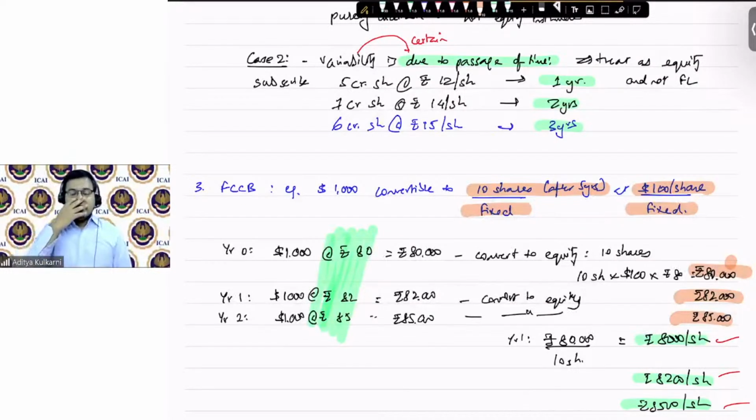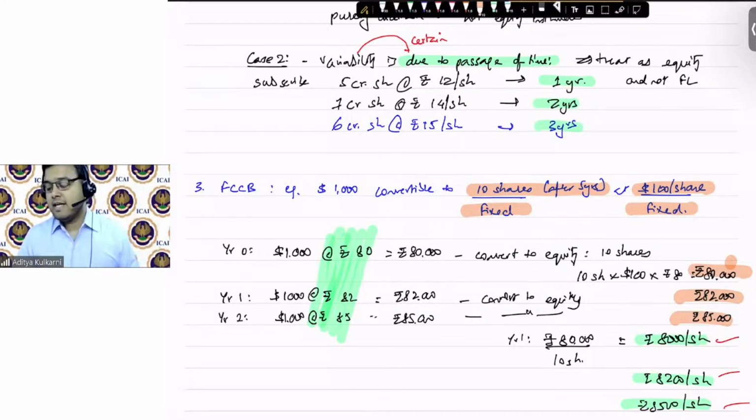Second case, the variability exists on account of passage of time, not related to performance. If we have variability depending on performance, or variability depending on time as well as performance, there is an uncertainty which is introduced.